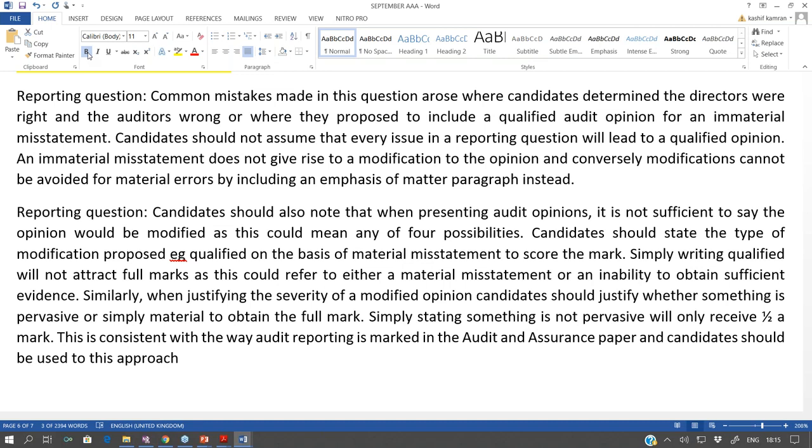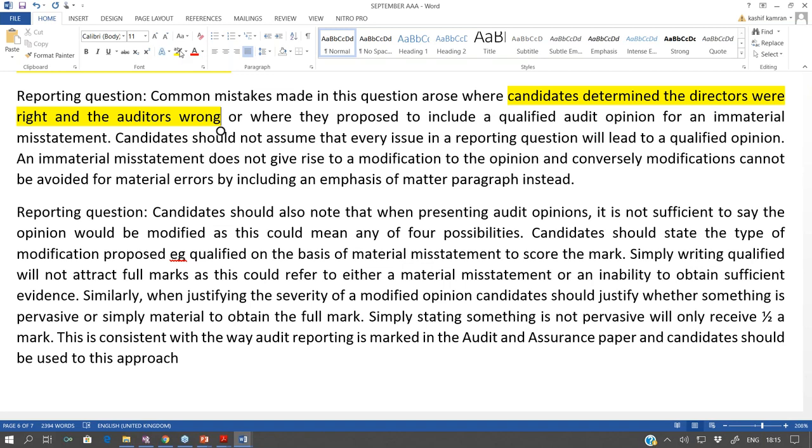The examiner is saying that the candidates determined the directors were right and the auditors were wrong. Is that logical? In a question on reporting, the director has to be wrong and the auditor has to be right. How can you imagine in an exam paper that the director is right and the auditor is wrong? The examiner is covering that. The examiner is saying that students believed directors were right and the auditors were wrong. So will you go with that belief in the exam paper, or will you have the vice versa belief?